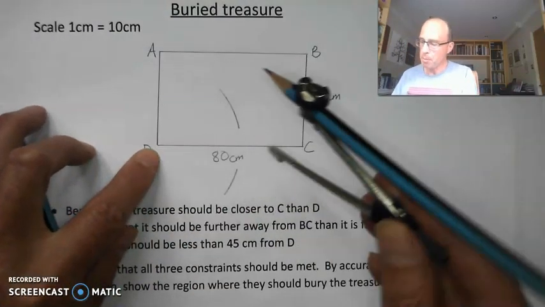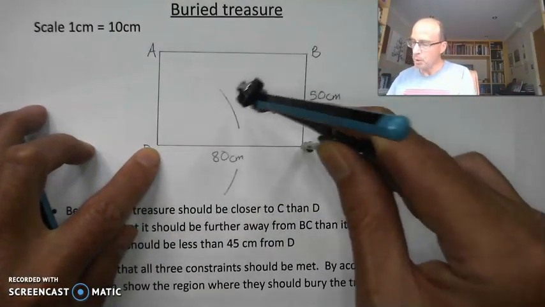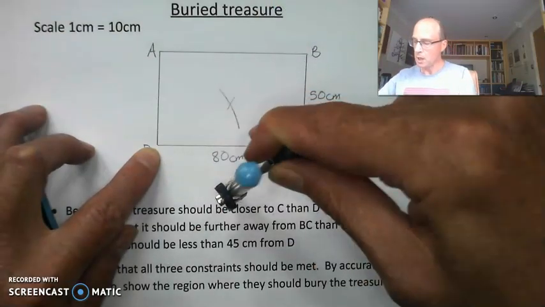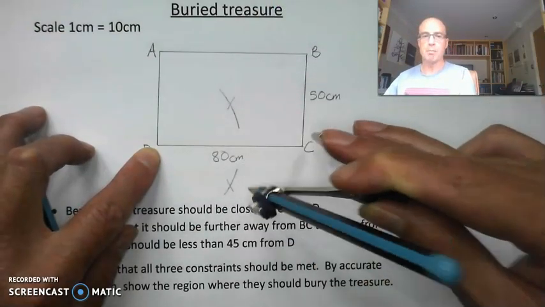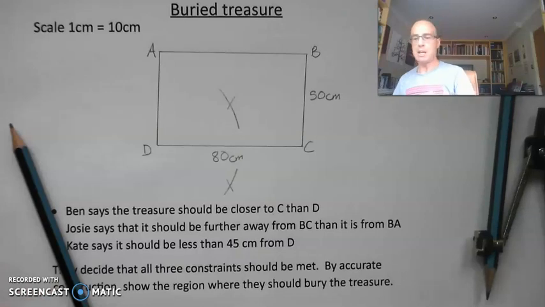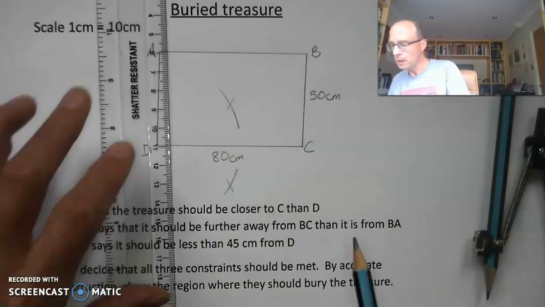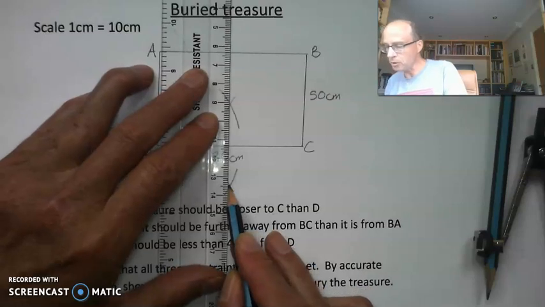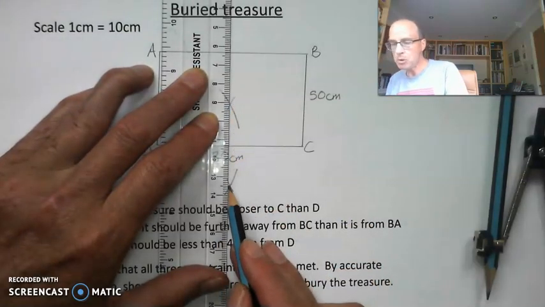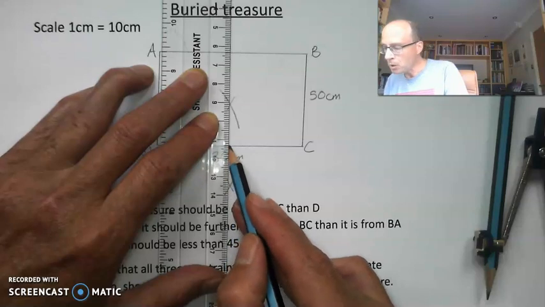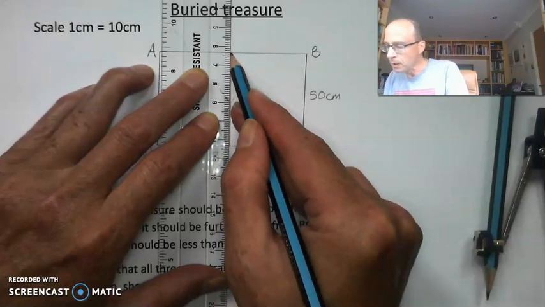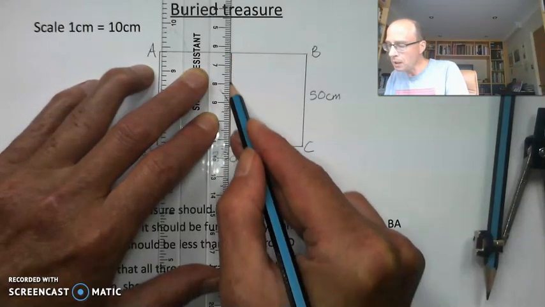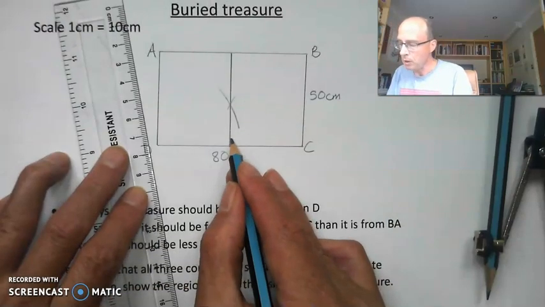I'm going to move my compass without changing the setting, put it on C, and draw an arc above and below. If I take my ruler and line up with the two crosses, I don't want to draw my line from the bottom, I only want to draw it in the table. So I've got my perpendicular bisector accurately drawn.